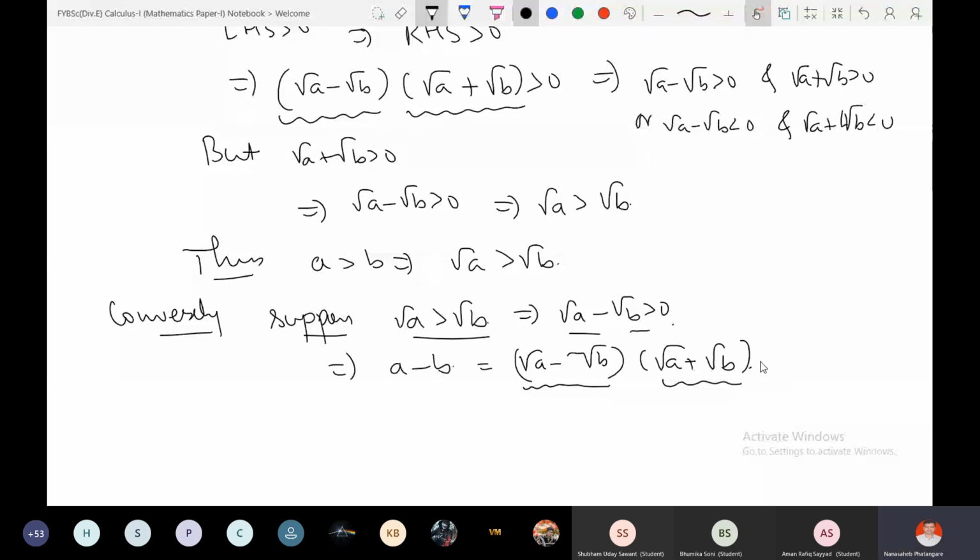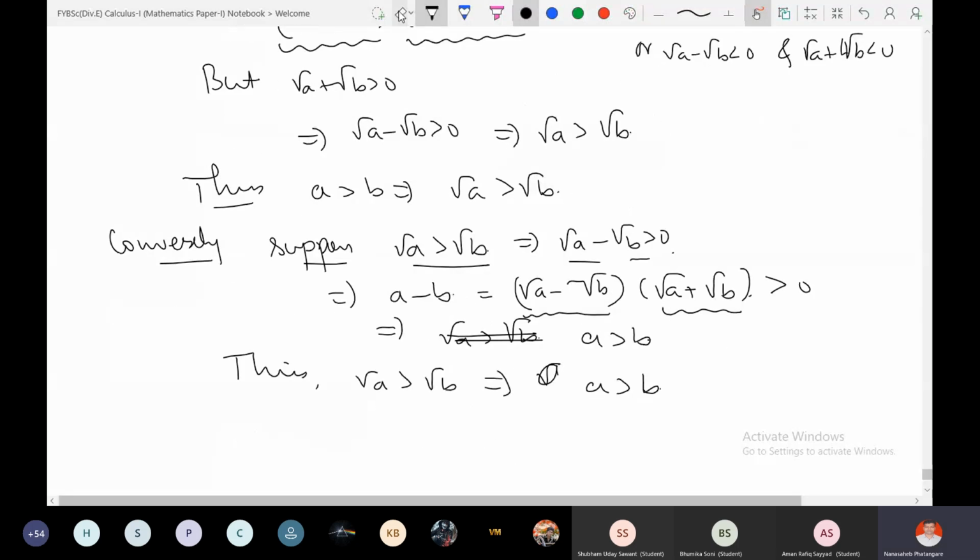Positive, right? And what is the conclusion? So a is greater than b. And so what we proved, thus root a is greater than root b implies a is greater than b.